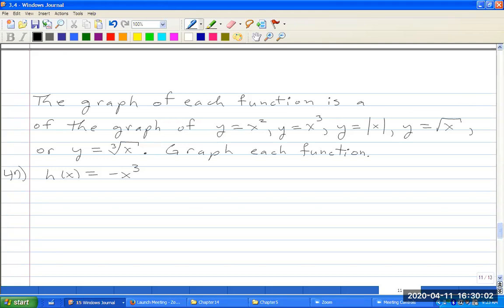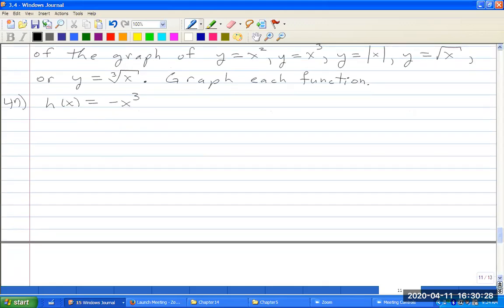This is a reflection. The graph of each function is a reflection of the graph of y equal x squared, y equal x cubed, y equals the absolute value of x, y equals square root of x, or y equals the cube root of x. Graph each function.